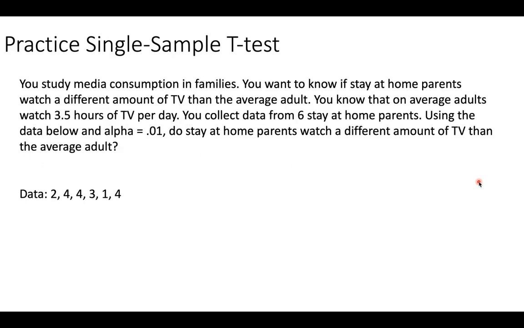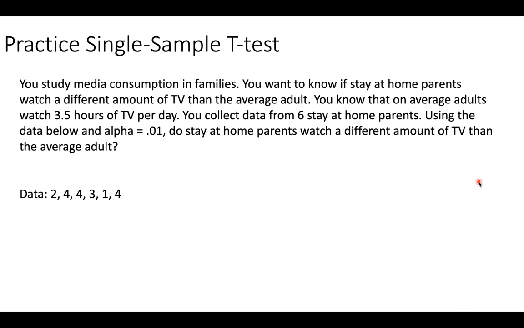Okay, so let's do another practice problem. What I actually want you to do is, again, hit pause, and I want you to see if you can go through this entire problem all by yourself, and then come back and check on your answers. So remember, you're going to need to define your hypotheses. You're going to need to calculate your standard deviation of your sample. You're going to need to then calculate your t-value.